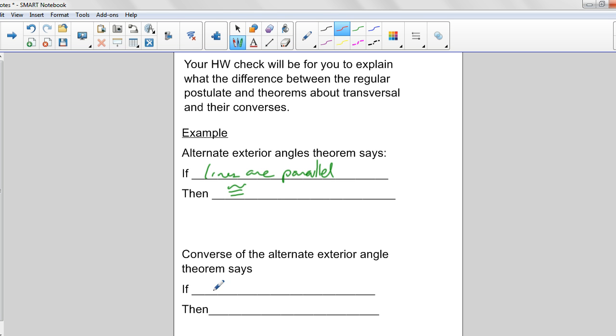If the angles are congruent, then the lines are parallel. That's the parallel symbol. Let me just go ahead and write it out. Then the lines are parallel. So this is proving angles are congruent, and this one is proving that lines are parallel.